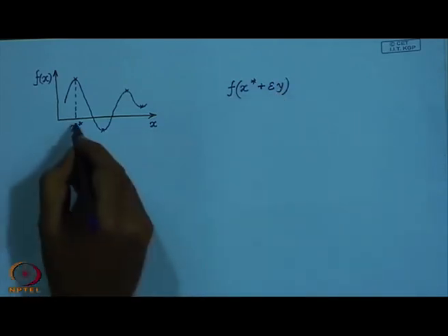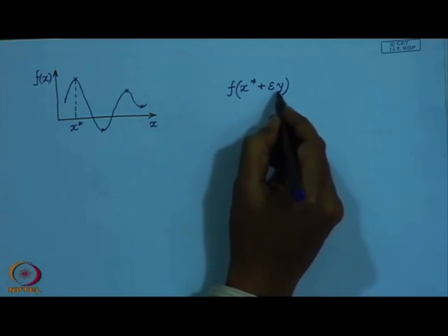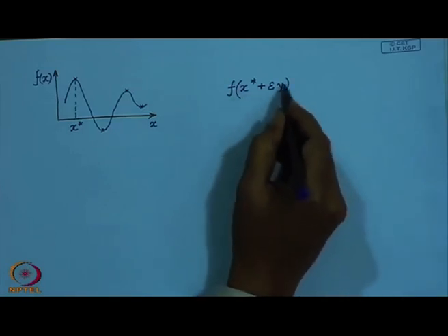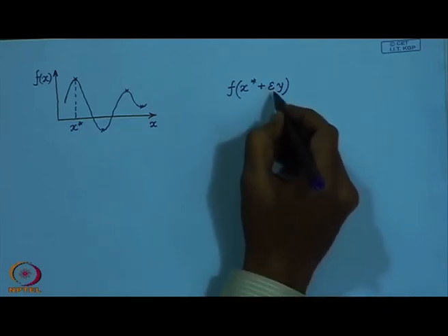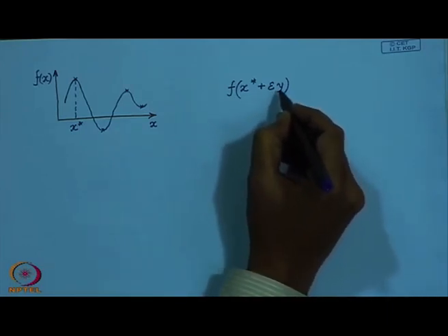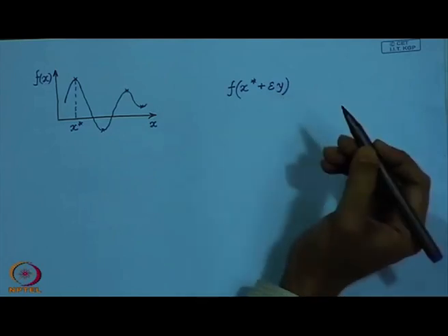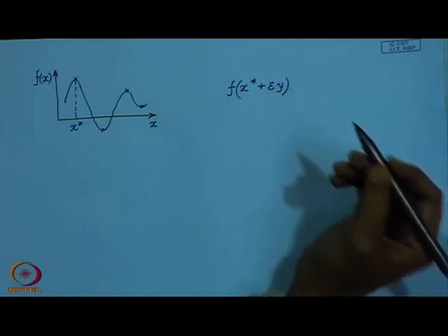We disturb or perturb this point, this x star, by a small amount. Here I have written this small amount as epsilon times y, where epsilon may be a small quantity.